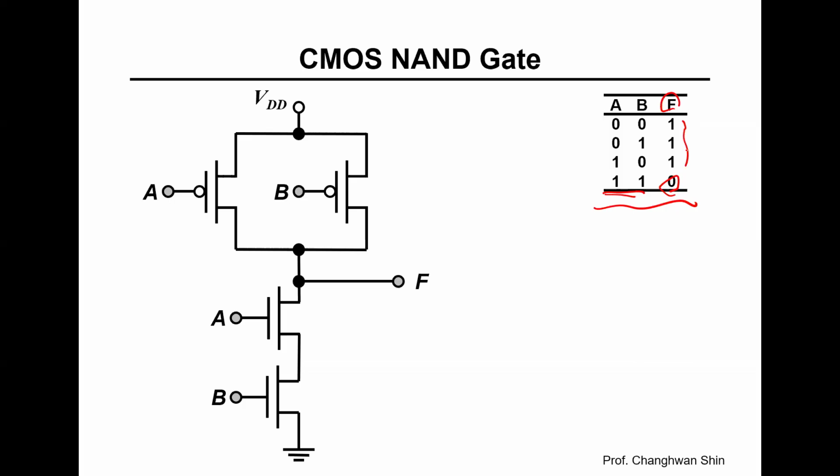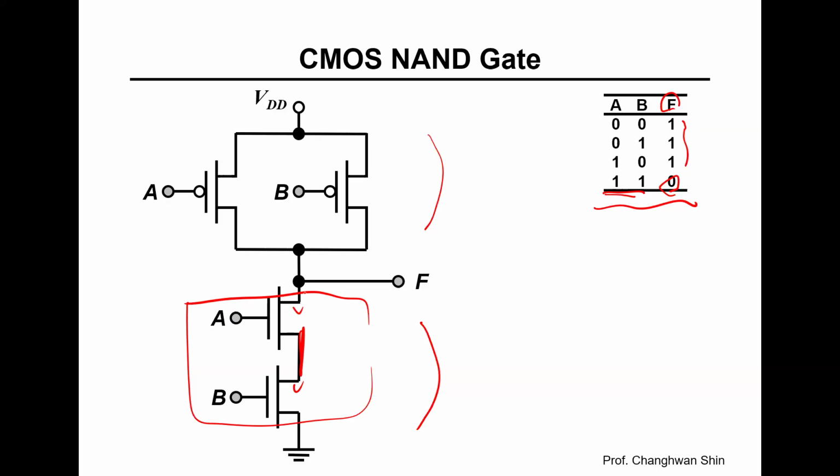The circuit implementation for the NAND function reveals the underlying symmetry of CMOS design. Can you imagine the symmetry of CMOS design in this NAND gate? The pull-down network here at the bottom consists of two n-channel MOSFETs connected in series.